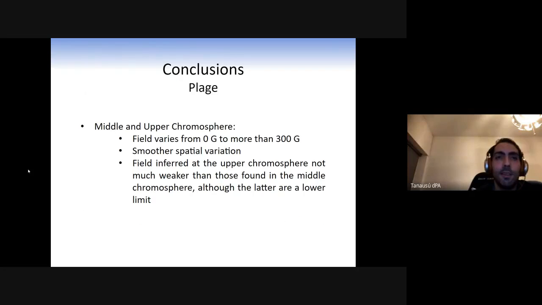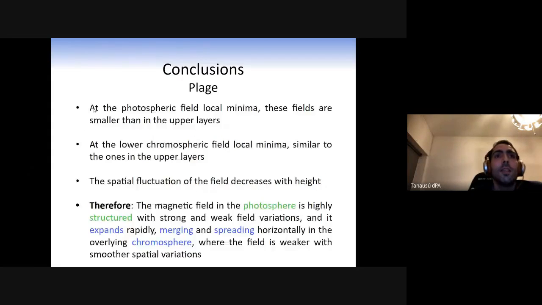For the middle and upper chromosphere, the field went from 0 to more than 300 gauss. It shows smooth spatial variations, and the field inferred at the upper chromosphere was not much weaker than those found in the middle chromosphere. However, take into account that the latter are always an underestimation. That means a lower limit for the actual field.